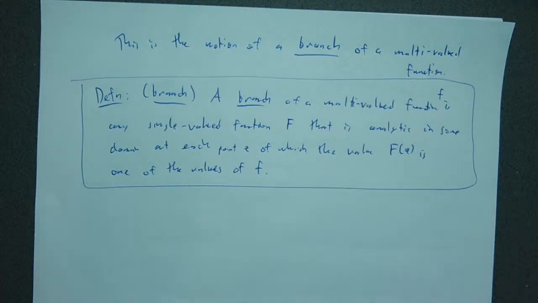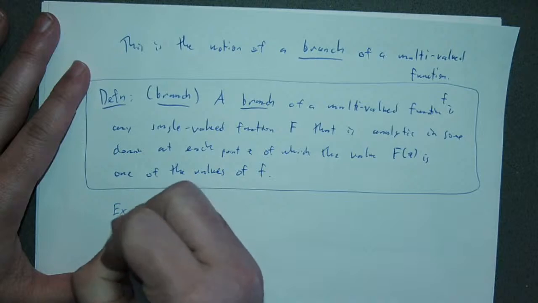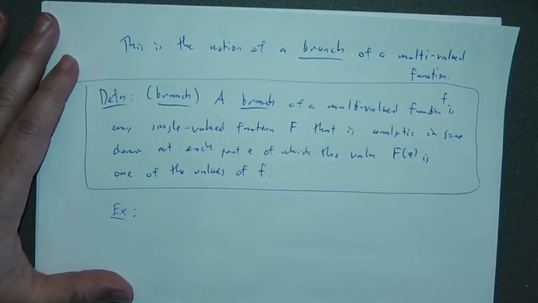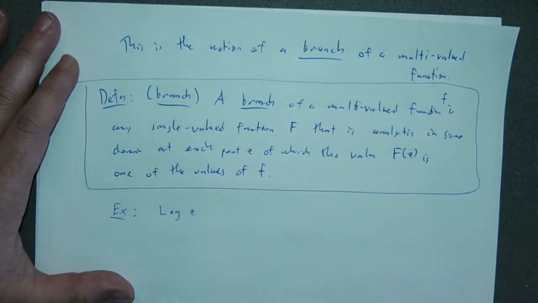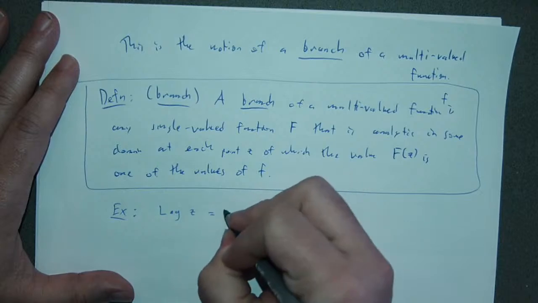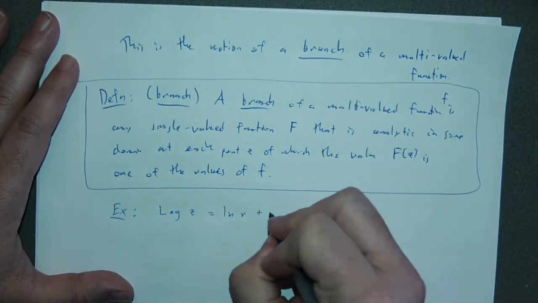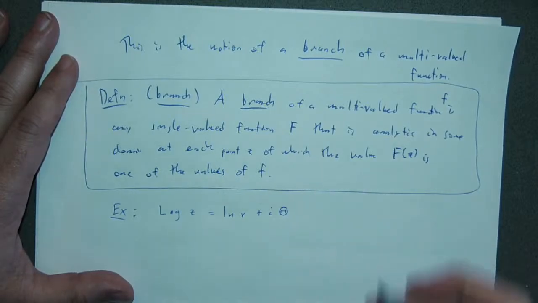The easiest example of this is the one that we saw yesterday, what we're going to call the principal branch of the log. So this function, big L, log of z, we found to be the natural log of little r plus i times capital theta, which was the principal value of the argument.